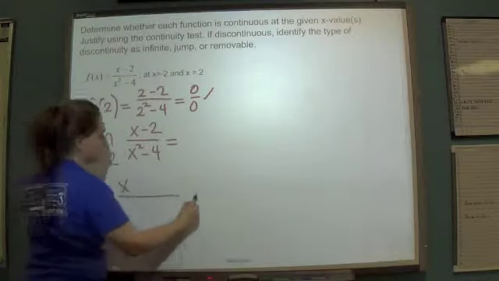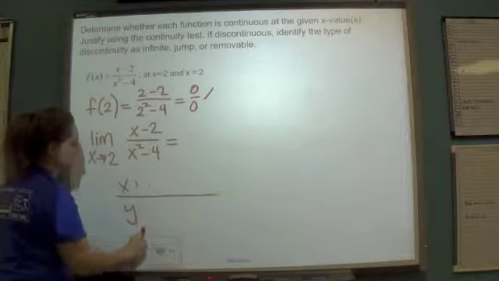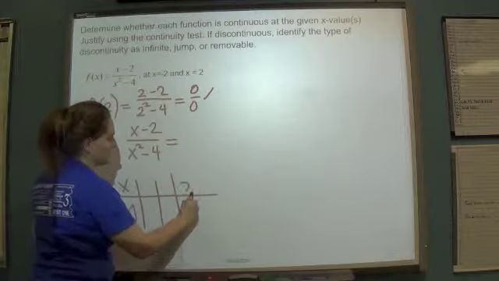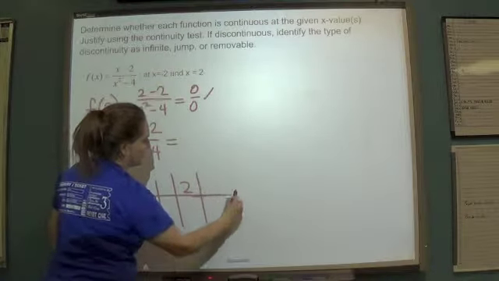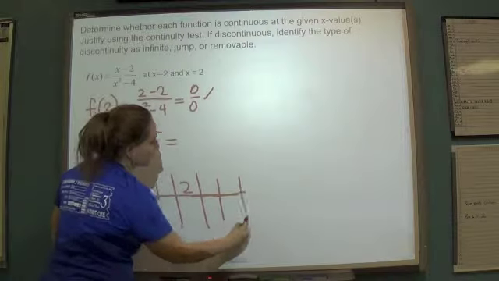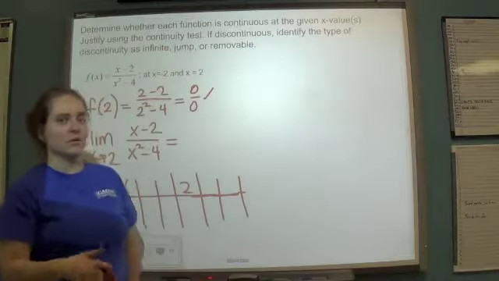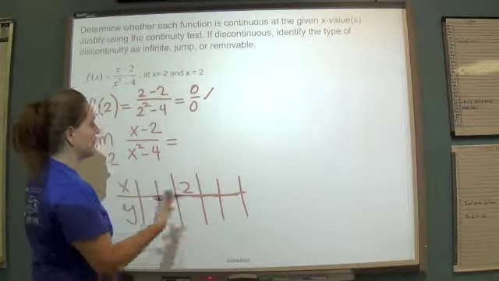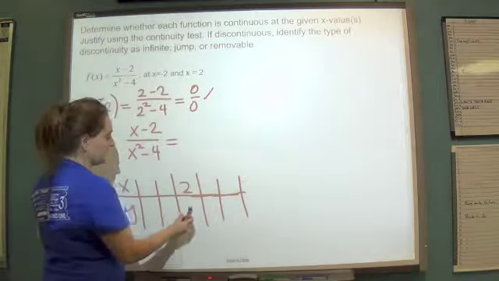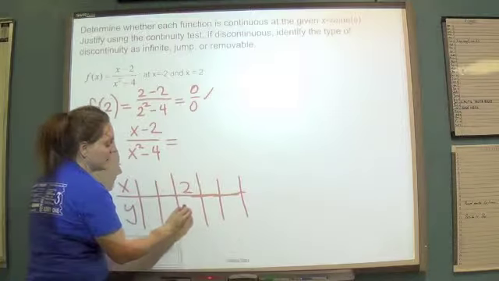So here's your t-chart. Here's the 2. This is really where the table of numbers is going to help you out. It's kind of silly to do the table of numbers when it's continuous, but if it's discontinuous, it makes sense because obviously we plugged in 2 and it's undefined.